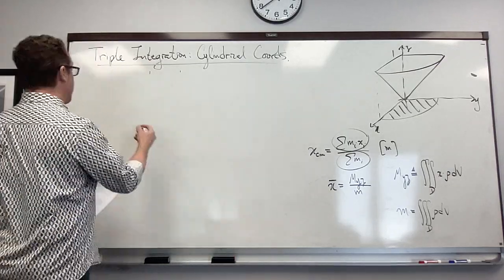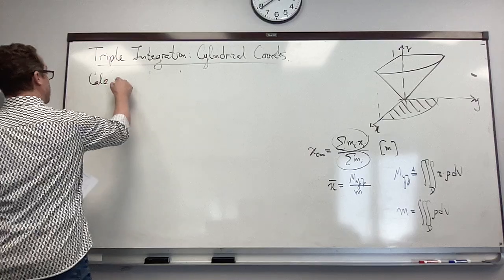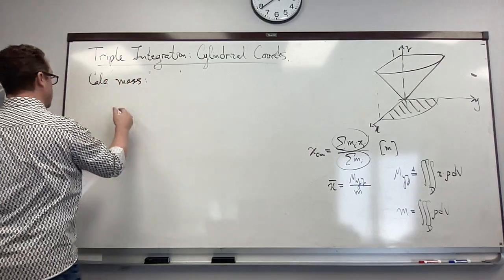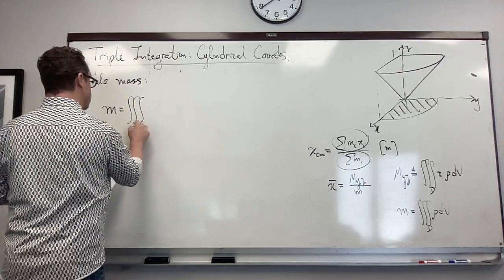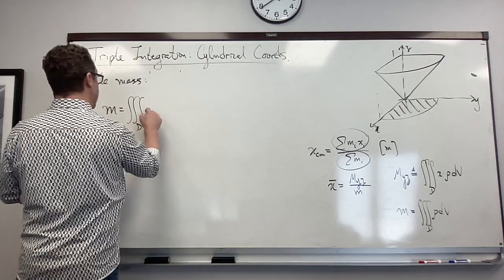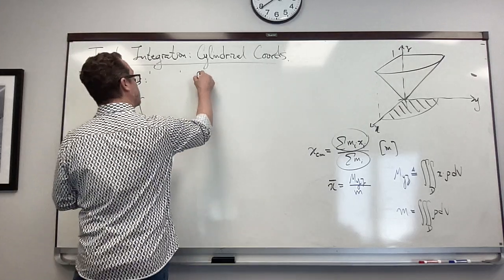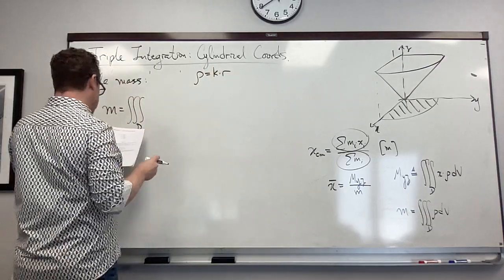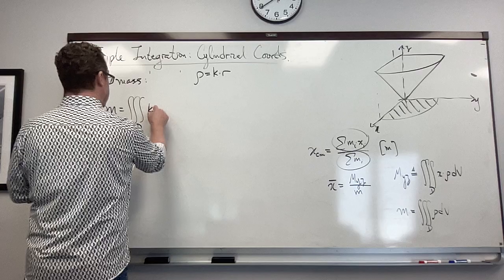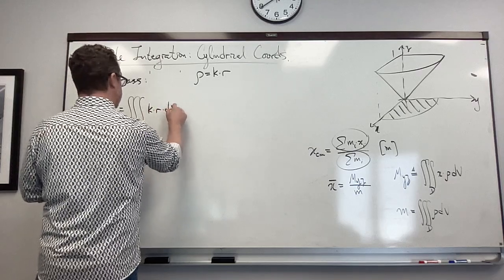Okay, so let's calculate mass first. Our mass is going to be a triple integral of the density, and remember our density function equals k times r. So we're going to have k times r dV.